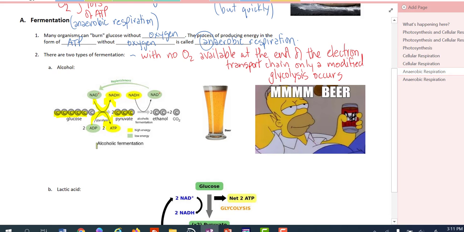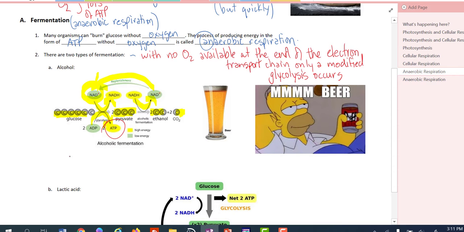Now, in order for this to keep happening, we've got to regenerate this NAD+. So what happens is the pyruvate breaks down into ethanol and carbon dioxide, and this uses the NADH and regenerates the NAD+, which goes back here and keeps the process happening. So it allows the process to occur quickly, but as you can see, doesn't generate a lot of ATP.